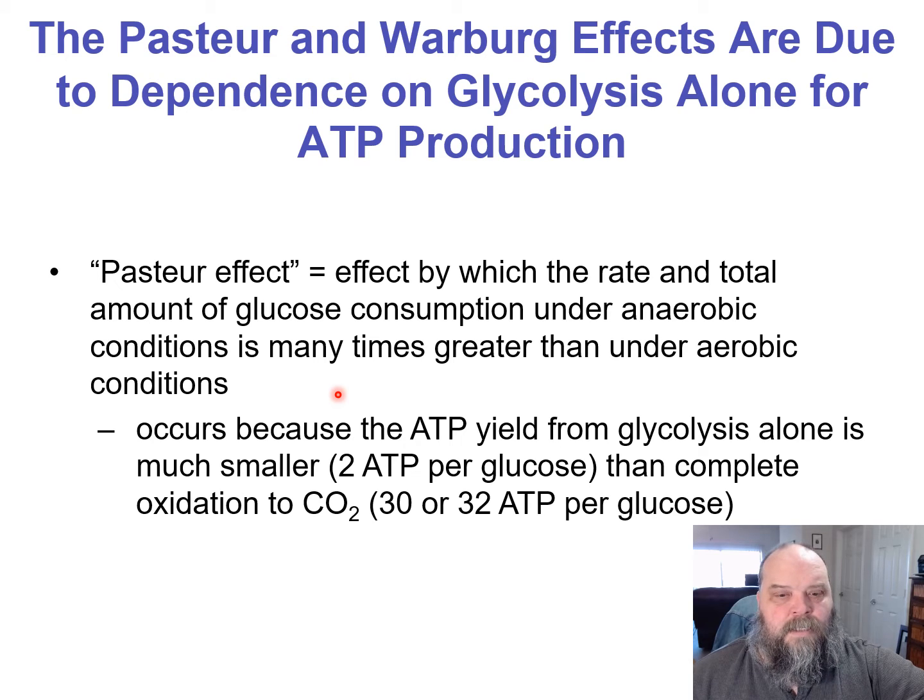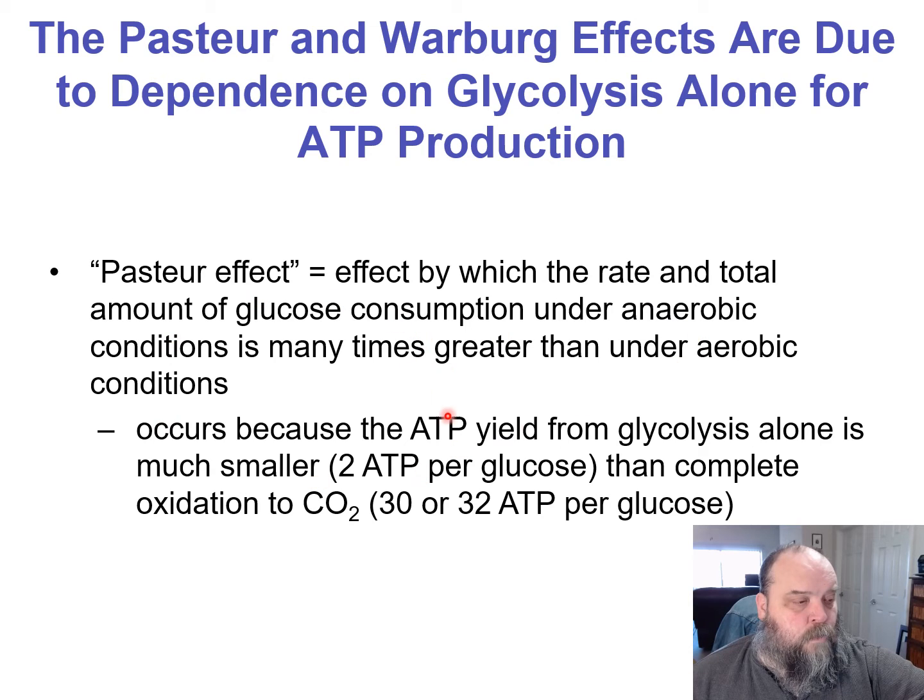We do it as a last attempt to keep the cells going under anaerobic conditions. Certain bacteria we utilize, when we're making cheeses, yogurts, and whatnot, can do the same thing. They prefer oxygen, but under low oxygen, no oxygen conditions, they will shift over.